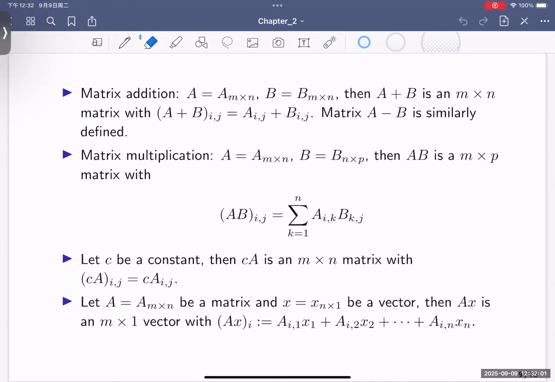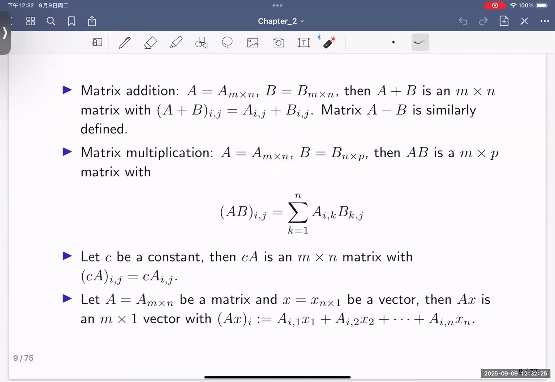Like A is m times n and B is n times p: the n of A, the number of columns of A, must equal the n of B, the number of rows of B. So if we want A times B, the number of columns of A must equal the number of rows of B. This is an important thing.